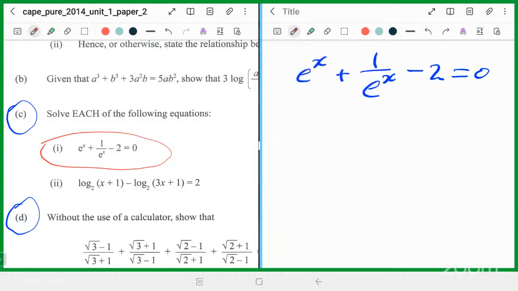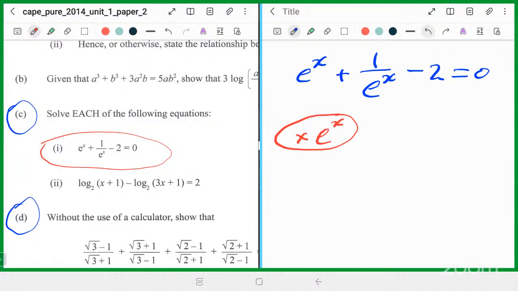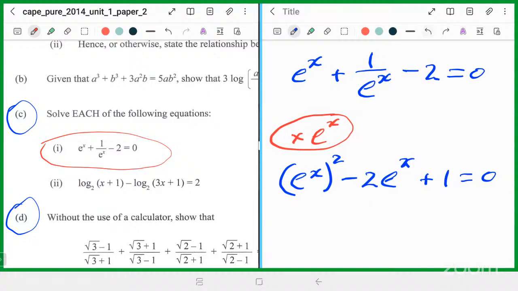So I'm going to multiply it through by e to the x, and this will become e to the x squared, and then this one will become minus 2 times e to the x, and then this will become 1, plus 1 equals 0. And so that is your quadratic equation.